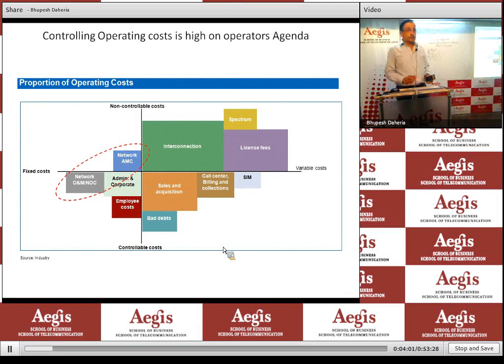So the contribution in this average is important, because revenue per minute is the most important factor which a service provider today looks at. No more are the days when he was looking at the number of customers with him.